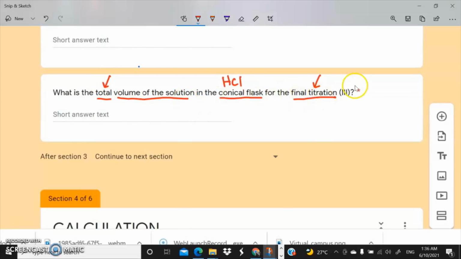My final titration, set number 3. So how to answer? You have to know, before you do the titration, how much volume of solution is inside the conical flask, how much HCl is inside the conical flask before you start to do the titration.